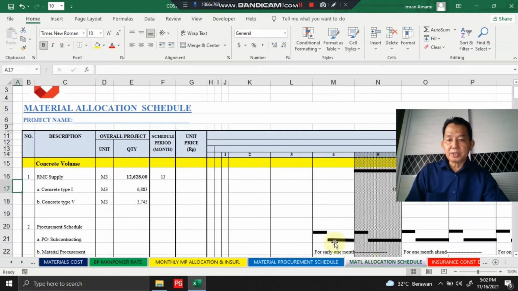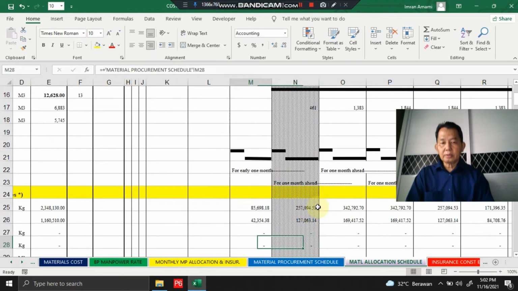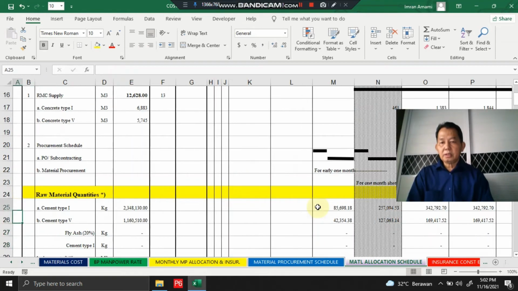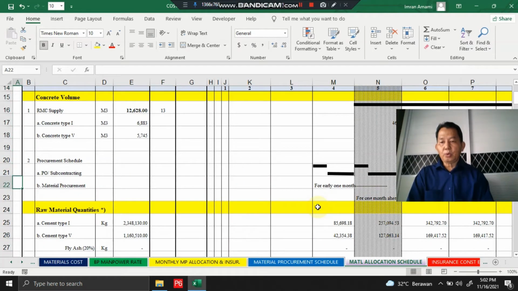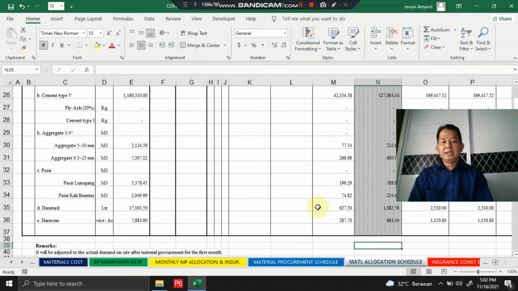Yes, the material schedule is adjusted to the monthly concrete demand schedule. Okay, here, and we procure this material 1 month ahead or 1 month earlier from the monthly concrete demand schedule.